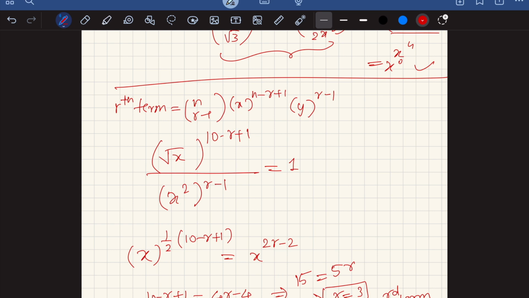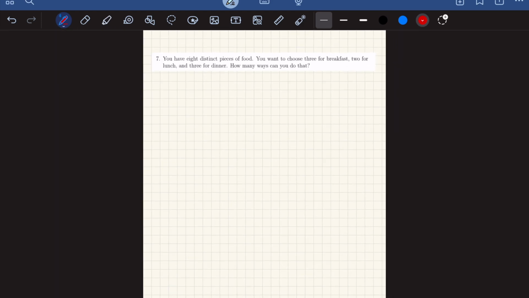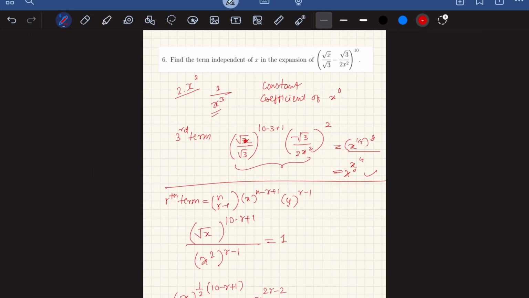So you want 11 minus r by 2 to be equal to 2r minus 2. If you solve for this, you get 11 minus r is 4r minus 4. So this gives you that 15 is equal to 5r. That gives you r is equal to 3. So you essentially want the third term.